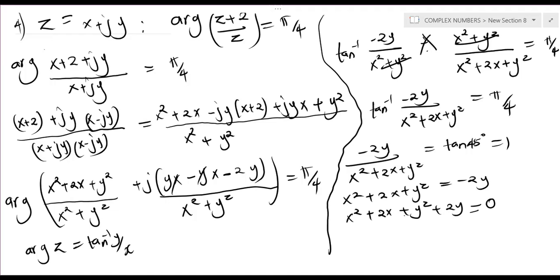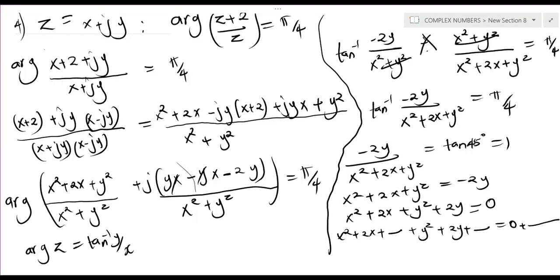Now this, we can complete the square and actually get it, because as I can see, it translates to equation of a circle. So this, we can write as, so let's see, this is x squared plus 2x plus dash plus y squared plus 2y plus dash is equal to 0 plus dash.